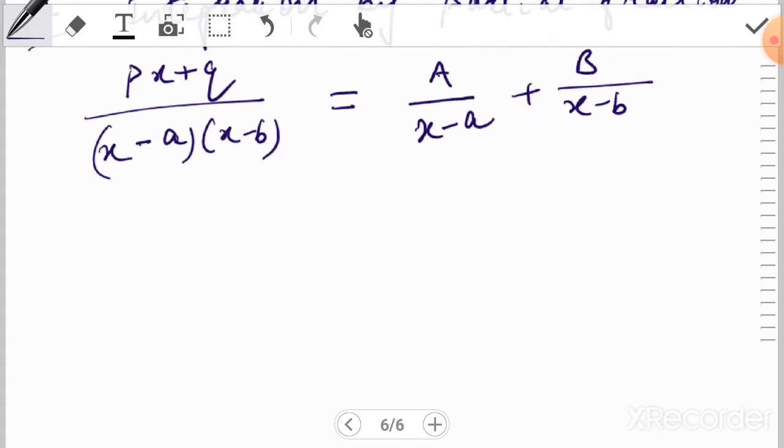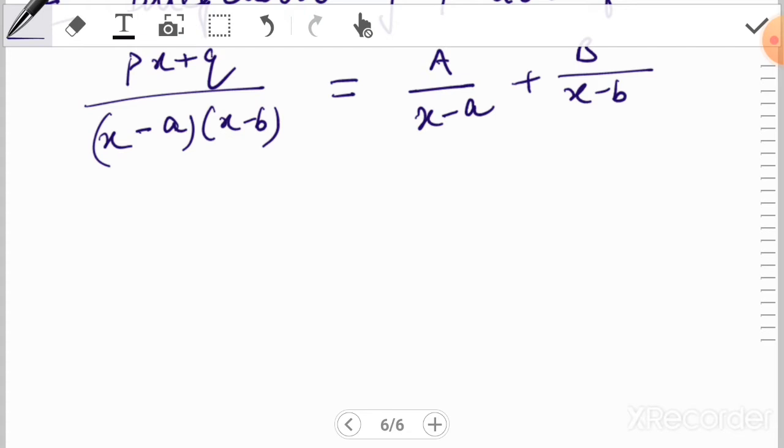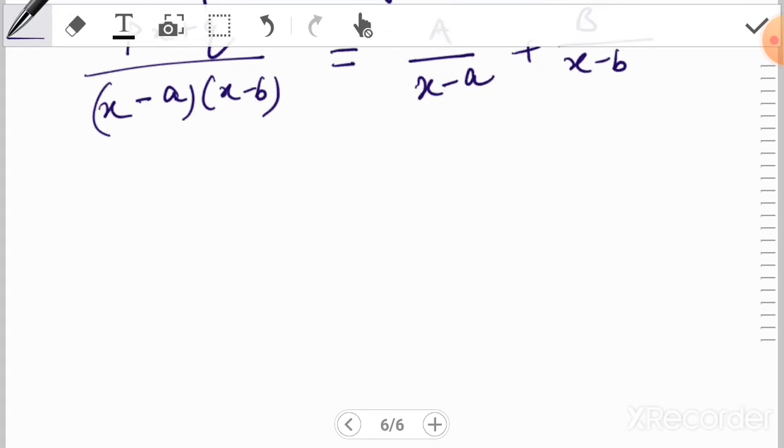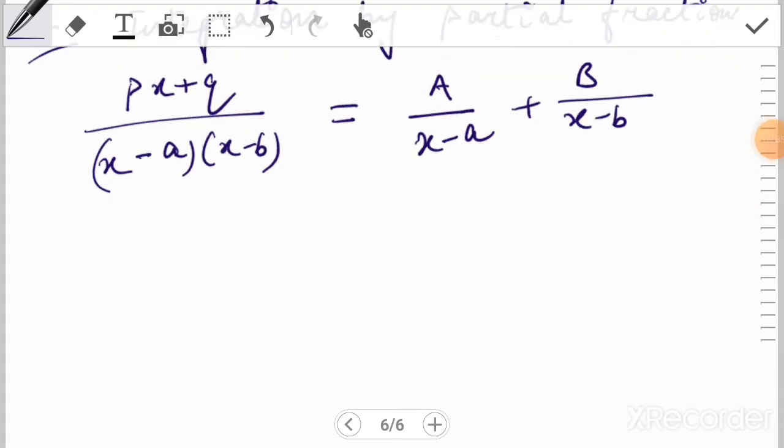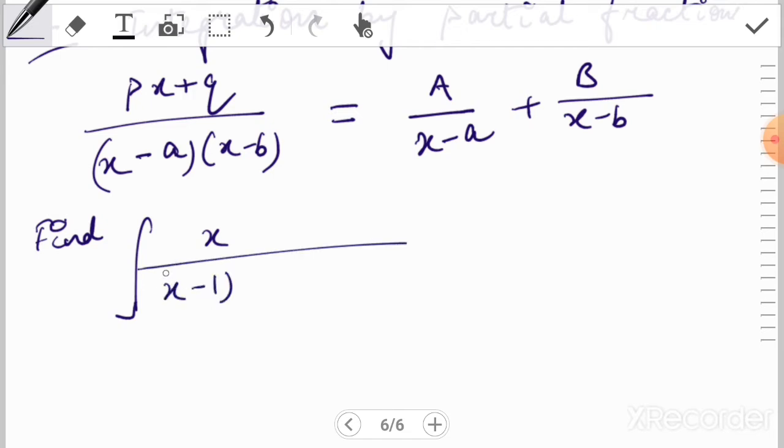So for example, let us find the integral of x by (x minus 1)(x minus 2)(x minus 3) dx.